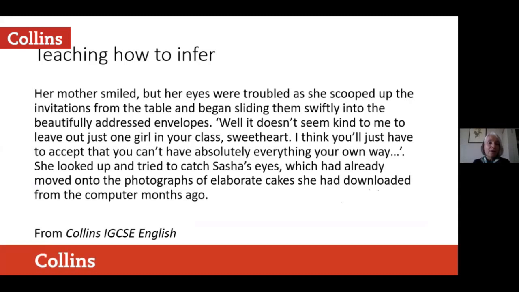I've got another couple of examples. Read this passage. We'll do one more example from this passage. This is from Collins IGCSE, so this is at a much higher level than the previous example. Read it first, and then I'll give you a question.